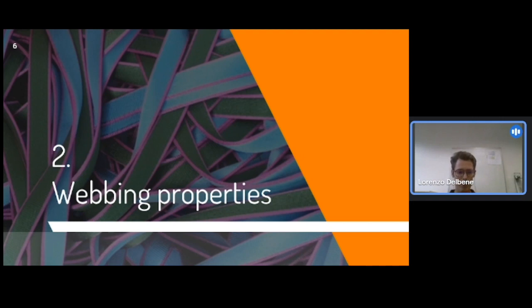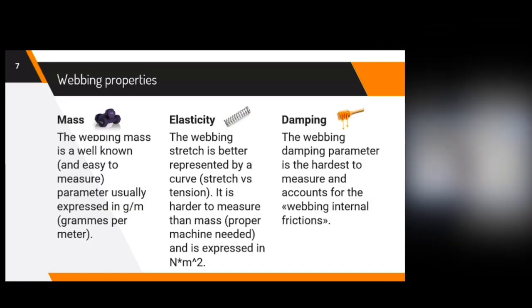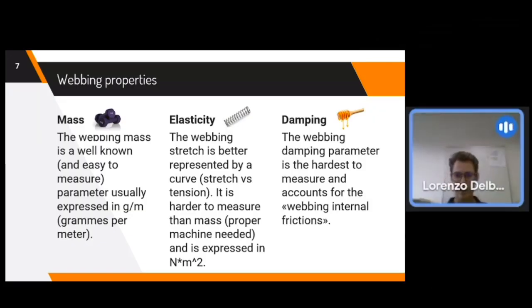So the webbing properties that I want to talk about are mainly three: the mass of the webbing, the elasticity, and the last one is the damping. The first two we know about, because every time we go on our slackline page, we always search for these two.